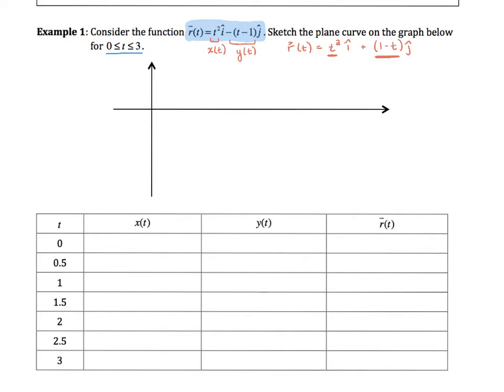So, for example, if, for whatever reason, you had some vector defined by the natural log of t i hat, and we'll keep it simple, plus t j hat. Well, guess what? There's no restriction on the t component, right? But this is going to be a little bit restricted.